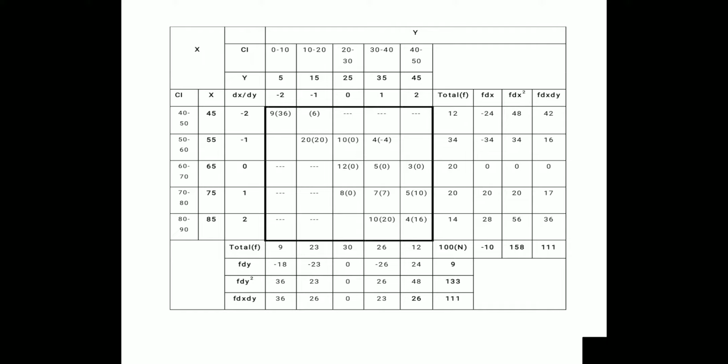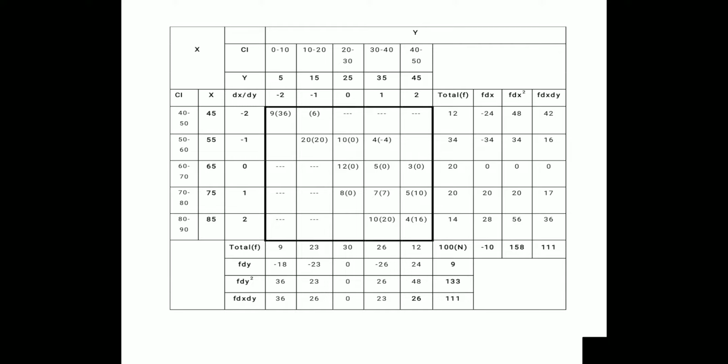Now the next step is to calculate the f dx square and f dy square. F dx square can be obtained in this way, that is f dx, we already have f dx here, that is say minus 24, into dx, that is f dx into dx will give us f dx square. Minus 24 into minus 2, that is 48. So in the same way we should obtain each f dx square value of the rows, and we should obtain sigma f dx square.